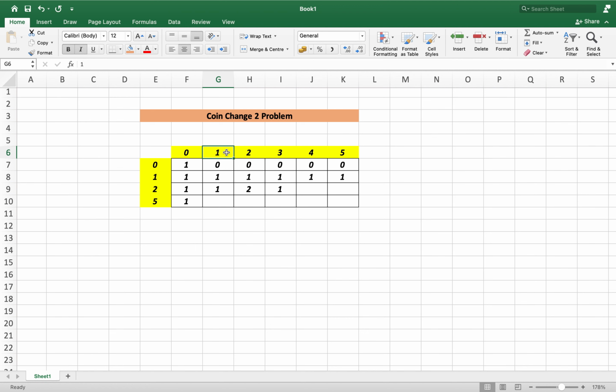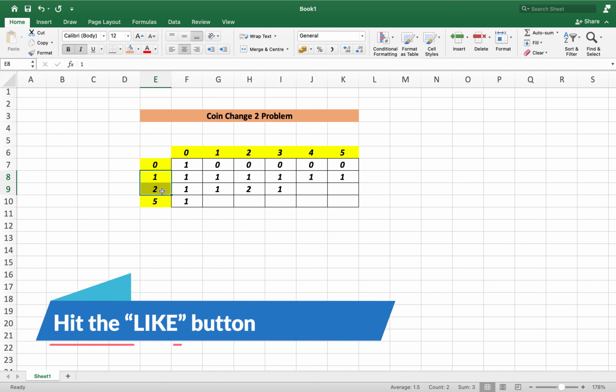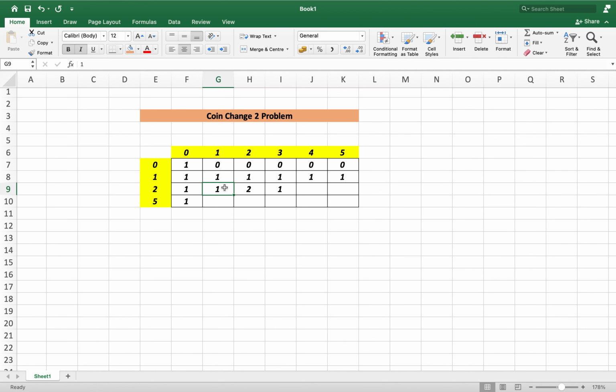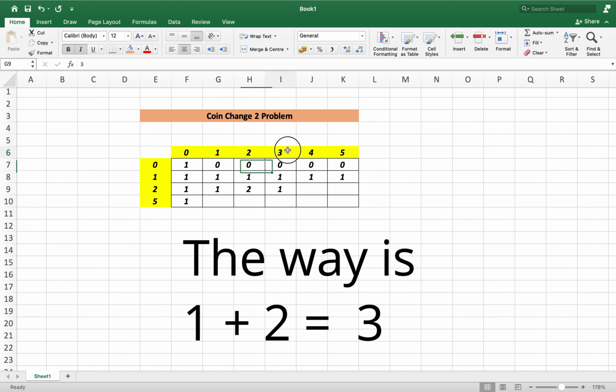Now the number of ways in which 1 can be formed using coins of denominations 1 and 2 will be the same as the number of ways in which 3 can be formed using coins of denominations 1 and 2. So the number of ways is 1 in which the amount 1 can be formed using coins of denominations 1 and 2. So there will be only one way in which 3 can also be formed.